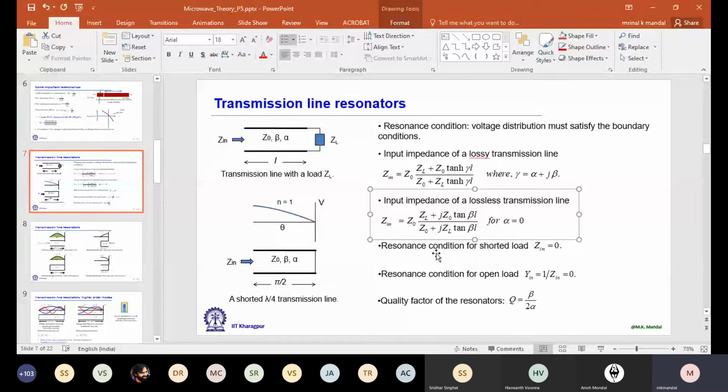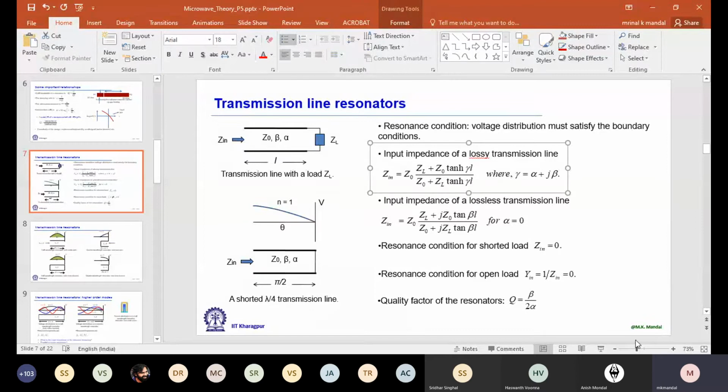Beta is 2 pi by lambda, and lambda you can represent in terms of frequency. So if I equate Y in equal to 0, from this I can find an expression for f, right? And if it is a lossy resonator, we have to use this expression.